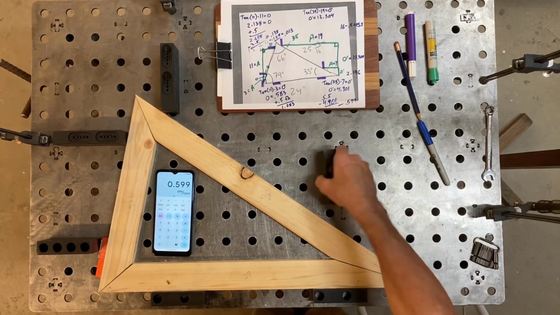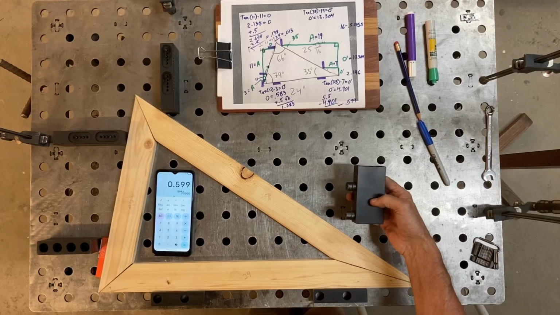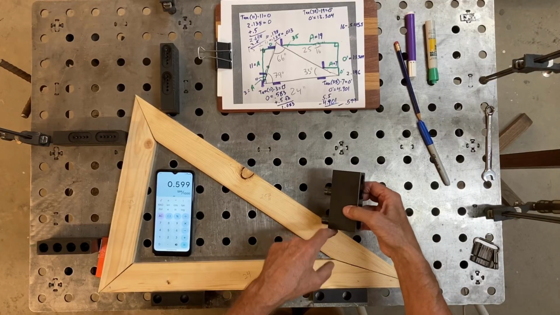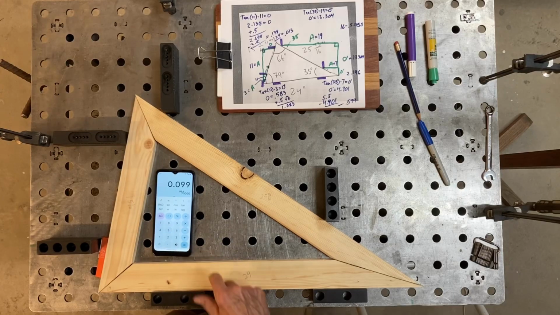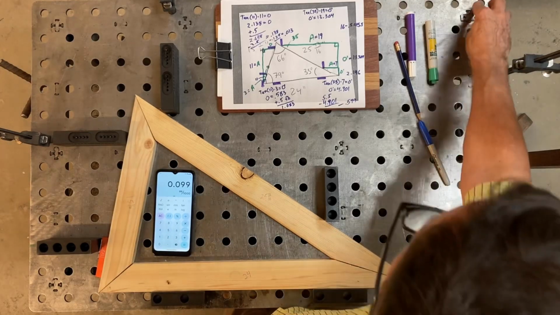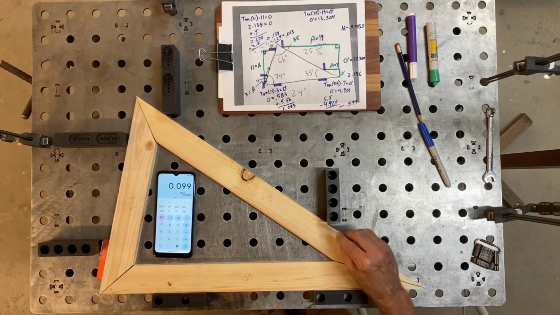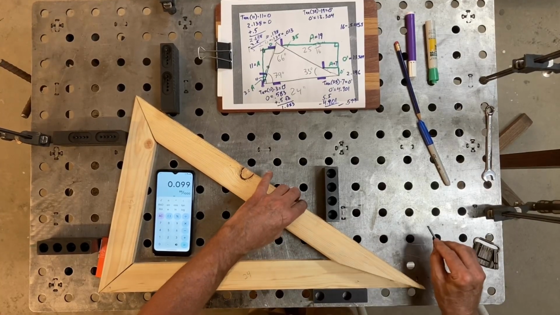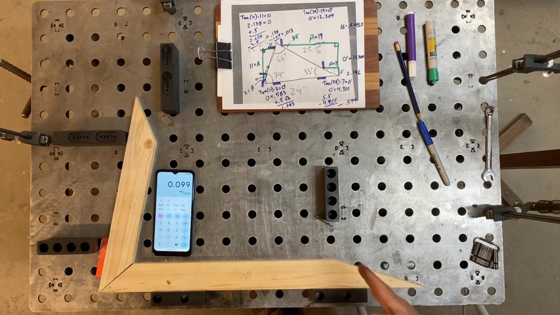Well, we know that if we use this pivot point, we've already got 1/2 inch. So subtract 0.5. So we have 99 thousandths left. And it won't fit. So 99 thousandths is what we need.